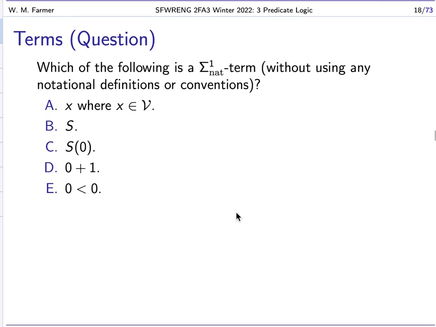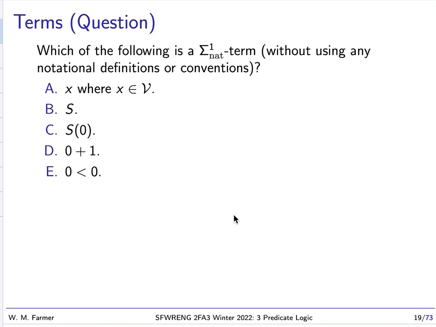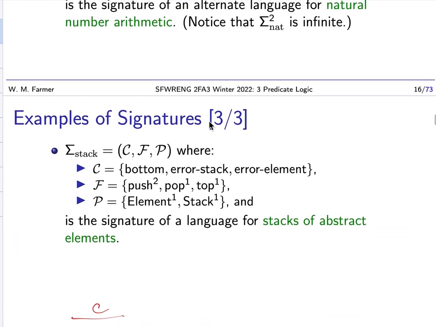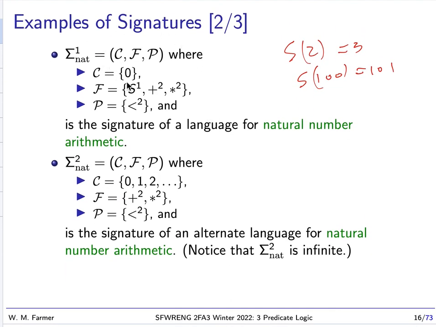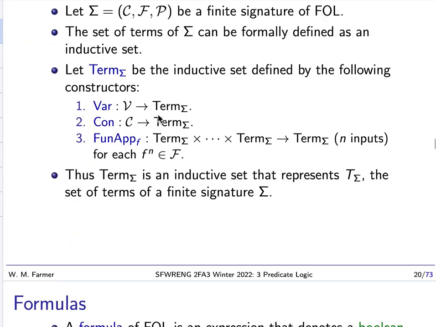Okay, so here's another question. Which of the following is a sigma 1 nat term? Remember, we can go back up and look at it to remind you. Here it is. In C we have 0, and function symbols we have s, plus, and times, and predicate symbols we have less than.